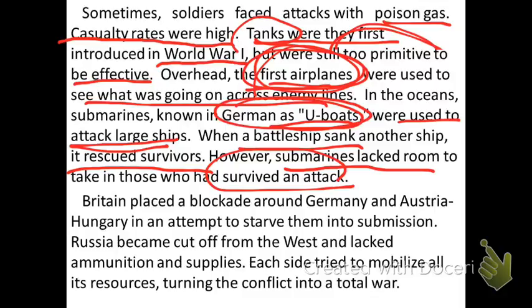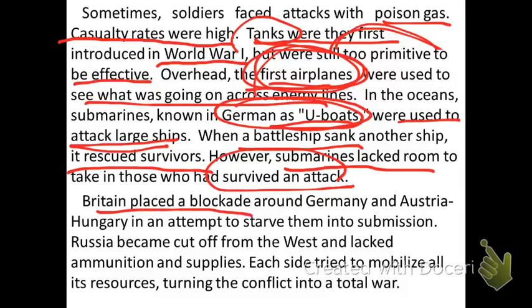And of course, if you're in the water for any given amount of time, hypothermia can set in and you die, or sharks, or you drown. So submarines were extremely feared because of that fact. They could attack without warning, and if you went into the water after a submarine attack, your chances of being rescued were almost non-existent. Now, let's continue.